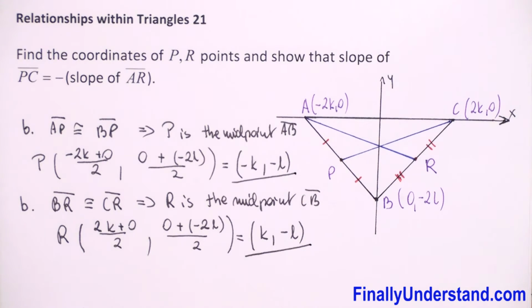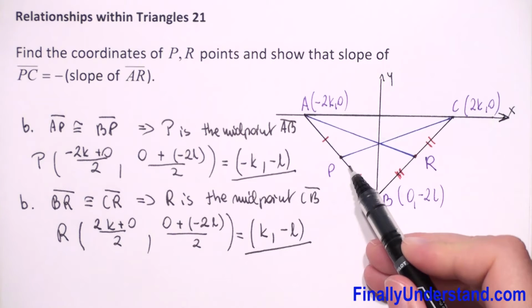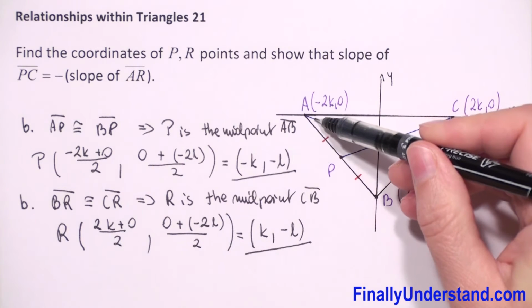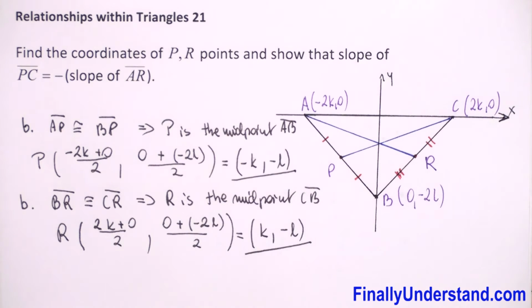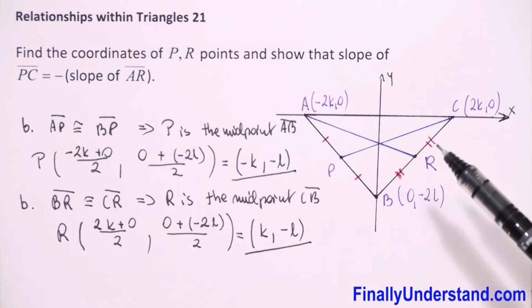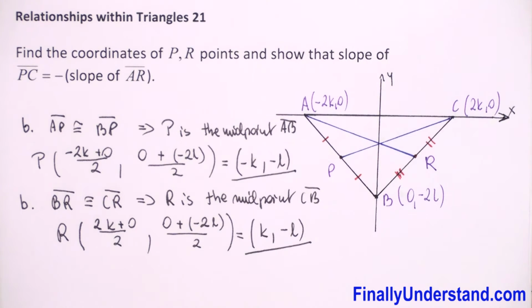Now we have to show that the slope of PC is the negative of the slope of AR. So PC is this segment, and AR is this segment. So we have to find first the slope of PC and AR. Let's start from PC.